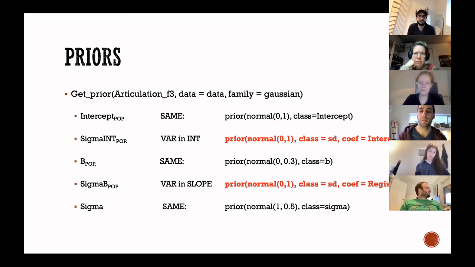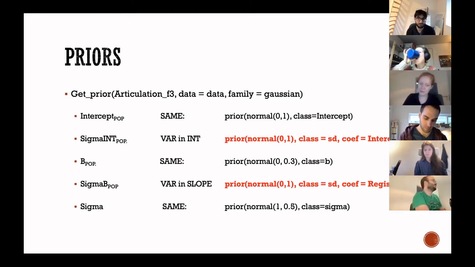This is a standardized scale, so we can be roughly liberal and say we expect that participants might vary one or two standard deviations from the population mean, because that would still keep us within the rough -3 to +3 or -6 to +6 kind of distribution of outcomes that we have discussed.